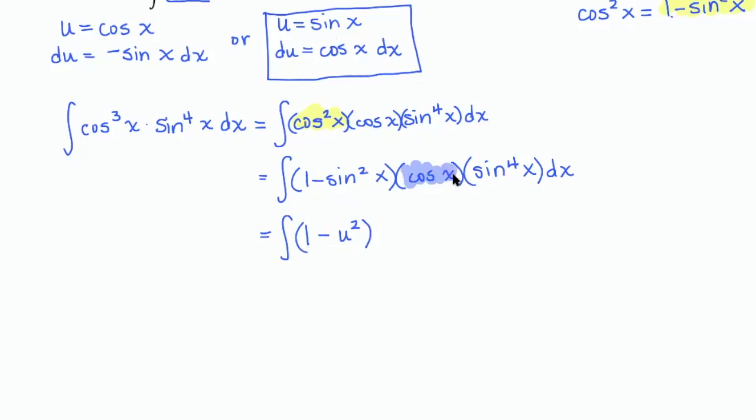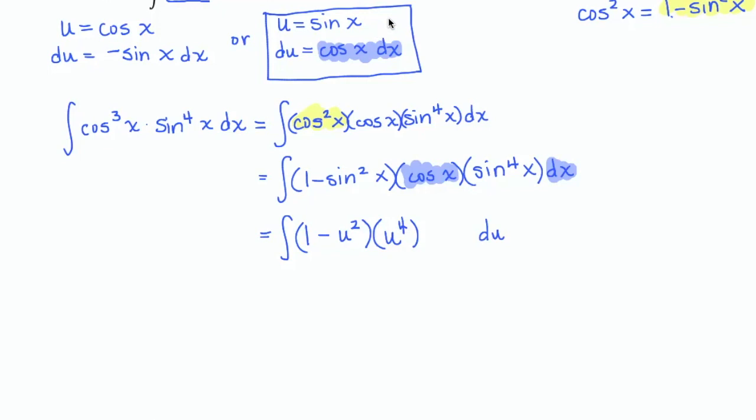The cosine x dx is the same as du, so I'm going to have a du out here. And then the sine to the fourth power of x is just u to the fourth power. And so notice I have a very doable u integral as a result.